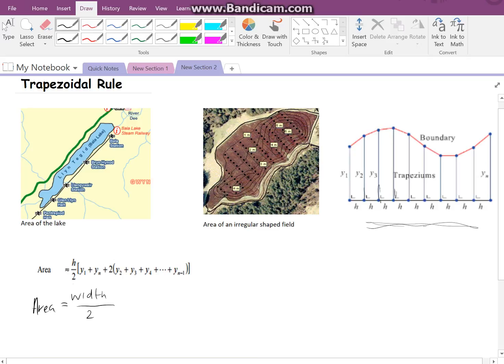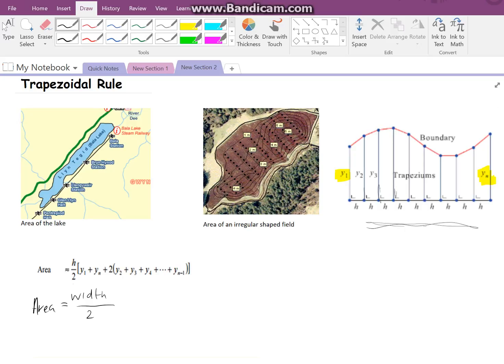What y1 represents, if you look at the diagram here, I'll just highlight that. y1 represents your first height, and then plus yn, so you can see from the diagram, yn represents your last height.